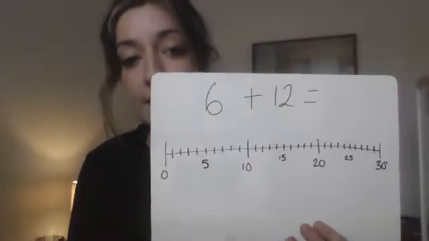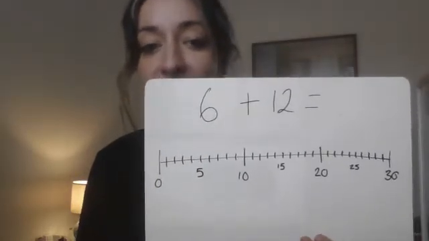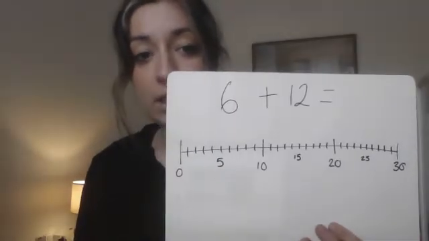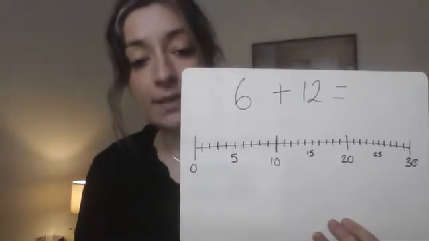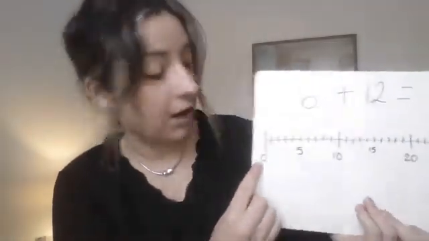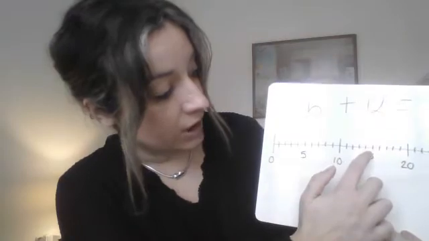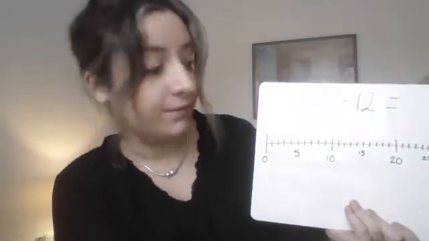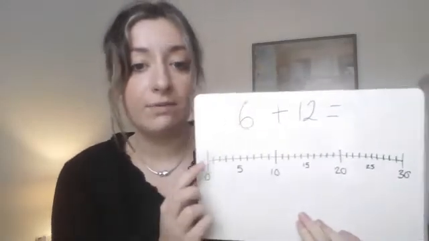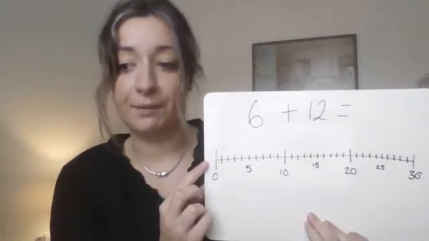In your book it goes 0, 5, 10, 15, 20, counting up in fives. The first integer here is 0. If we went to this integer here, it would be 15 and 25, just so you don't have to start all the way from 0.